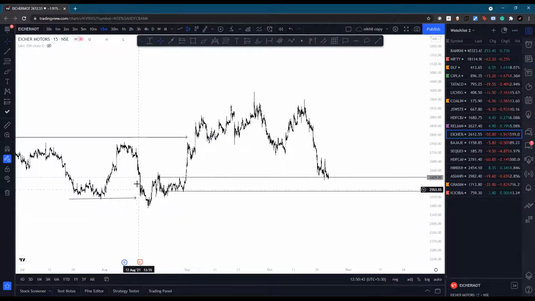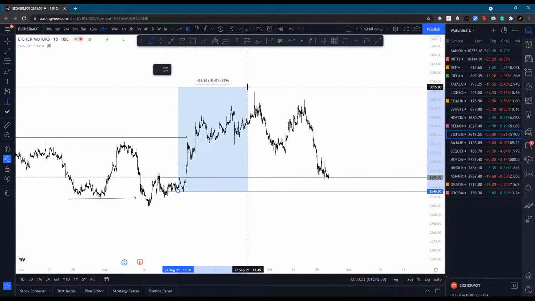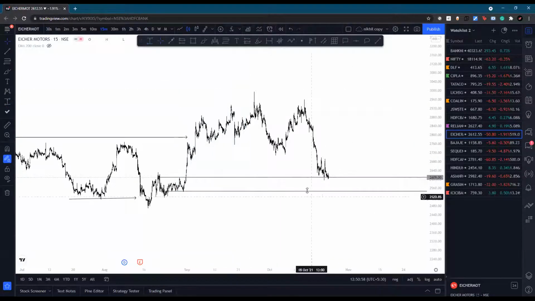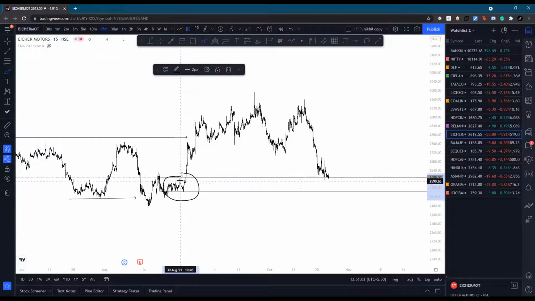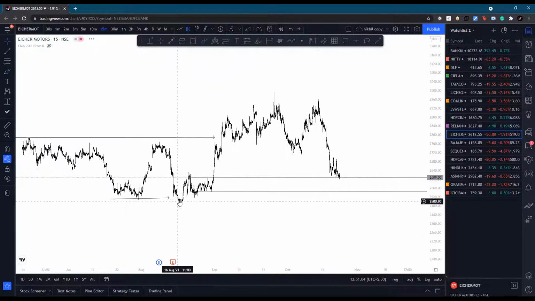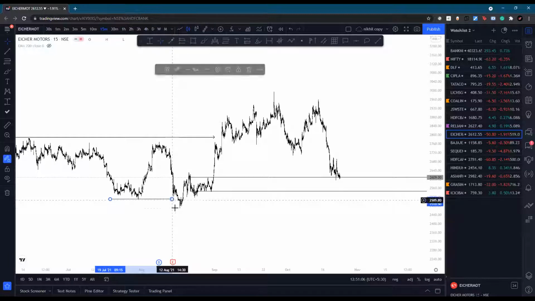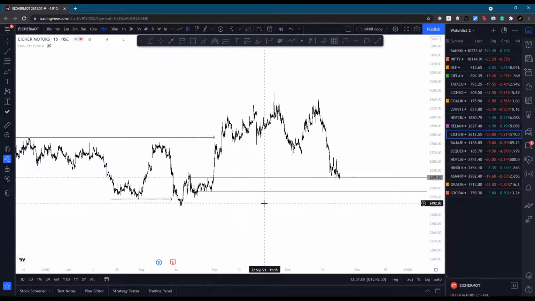But still, after the fall, after the result came, it went into consolidation, and then you can see where it went. I mean, it gave an 18% move. Okay, so I guess this is a good demand area right now, Eicher Motors. So if you want, you can have this on your watch list.